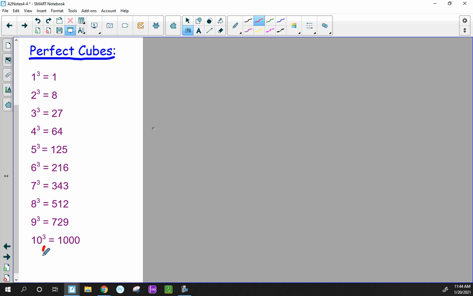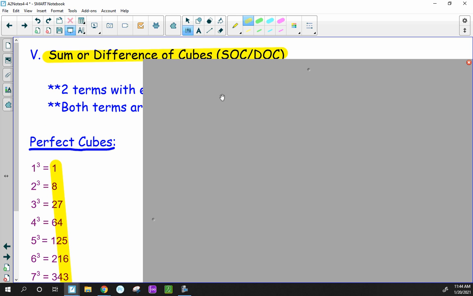The list continues indefinitely, but I just stopped it there. If you start memorizing these numbers, these are the numbers you want to look for if it is a SOC or DOC problem.